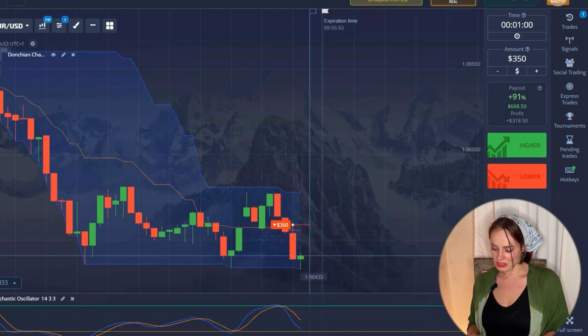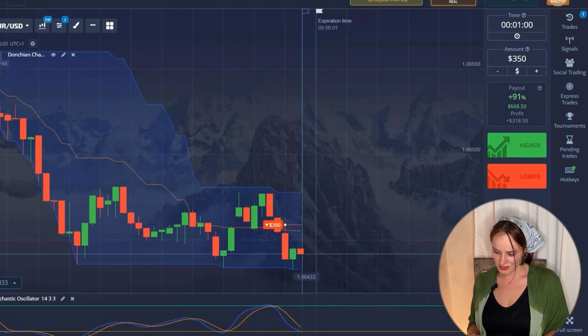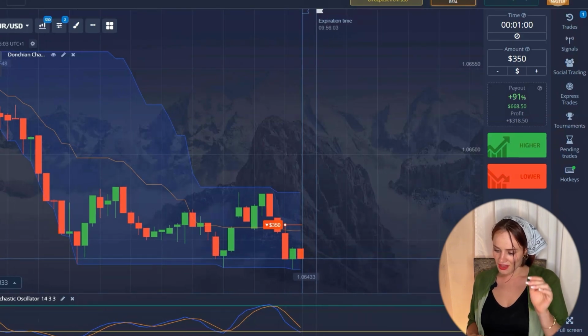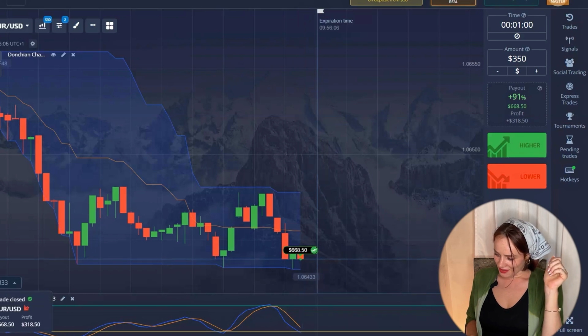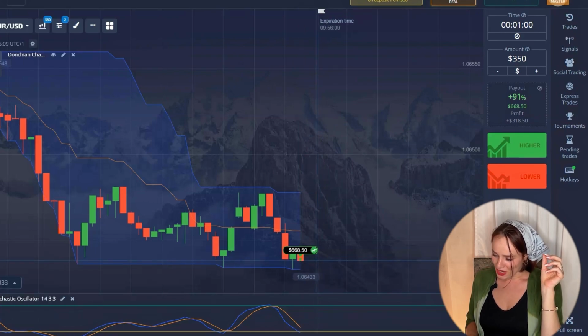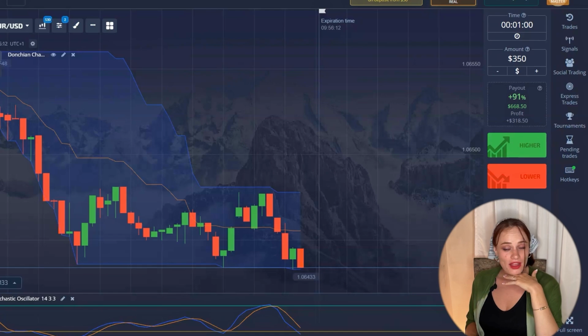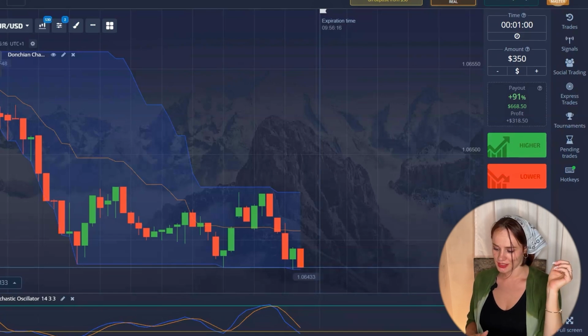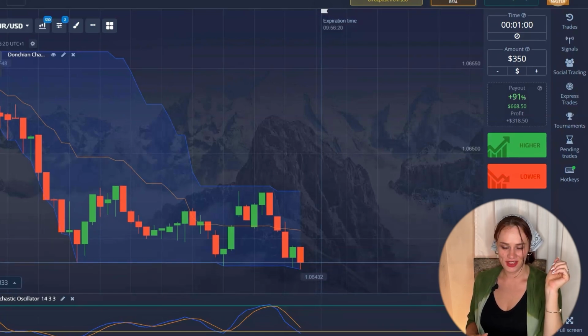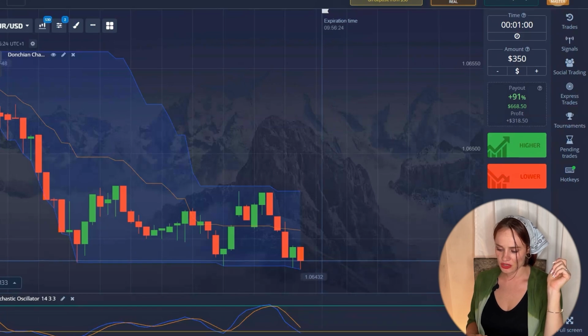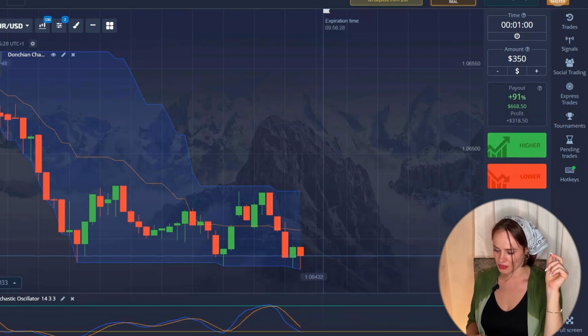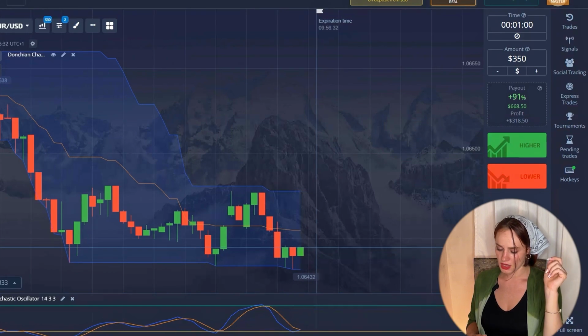The new candle, in turn, having opened, began to decline. And as the time of the transaction is coming to an end, we're waiting quietly. Yep, then we earned another $318.